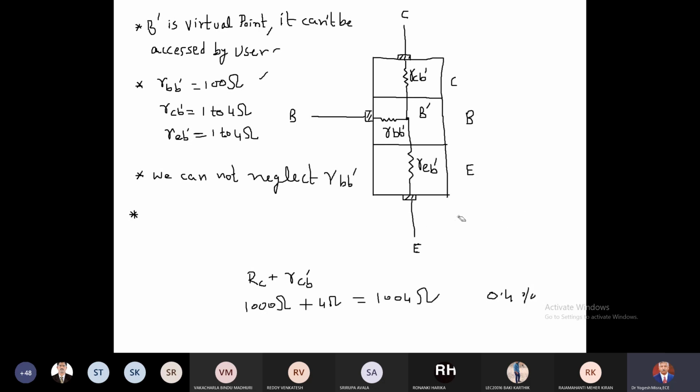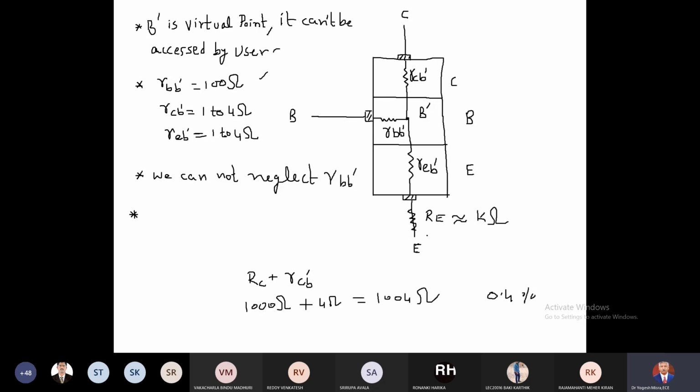So you can neglect. Same way, you see the emitter section. In emitter also we connect one emitter resistance here, and this emitter resistor RE is also in the range of kilo ohm.